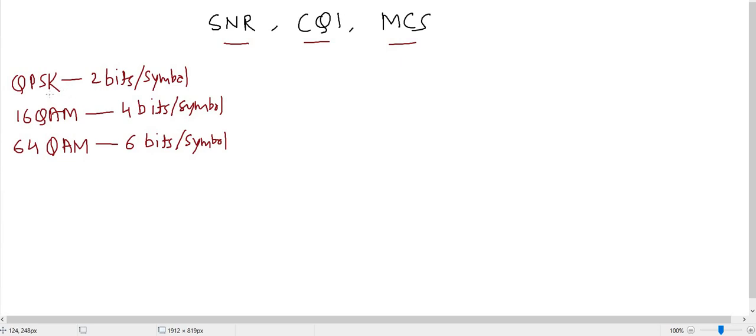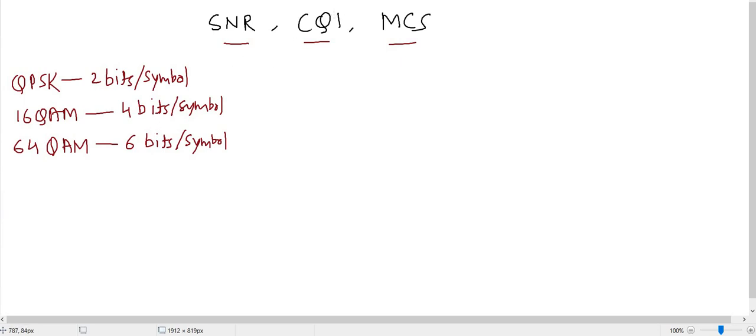So we studied that in QPSK 2 bits per symbol can be transmitted. For details of symbols, how these bits are transmitted in symbol, kindly refer my lecture number 1. And in 16 QAM 4 bits per symbol can be transmitted, and in 64 QAM 6 bits per symbol can be transmitted.